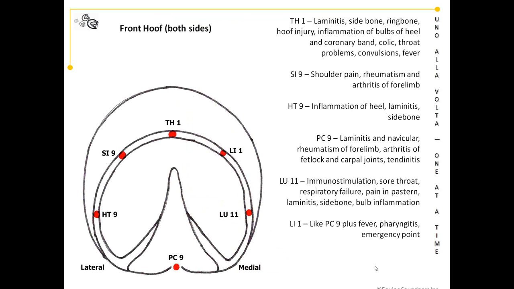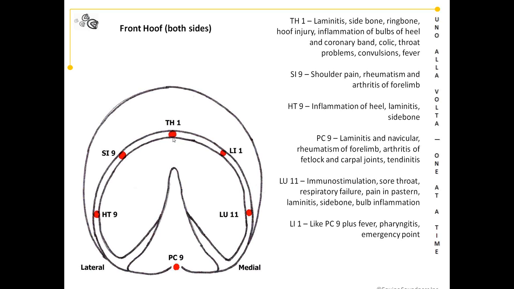So let's look real quick at these points. It's important to note there is a medial side and a lateral side on this front hoof. And on the very top, on the front, you have triple heater 1. And stimulating this, may this be by an acupuncturist through a needle or by a horse owner with a red light or thumb pressure or index finger pressure.